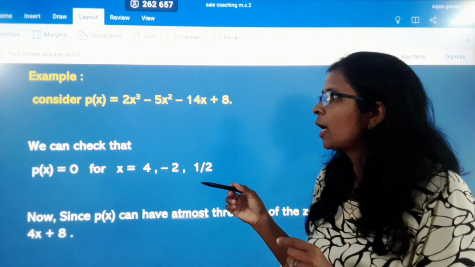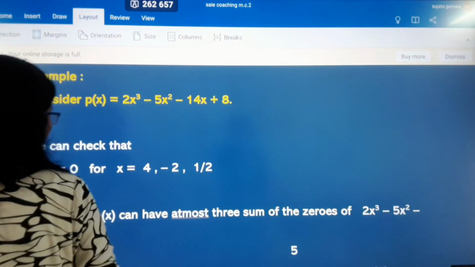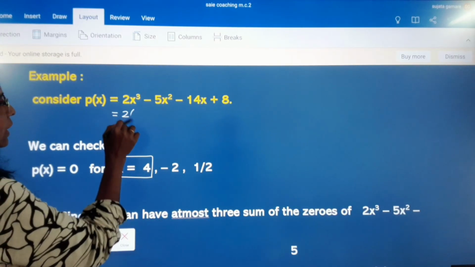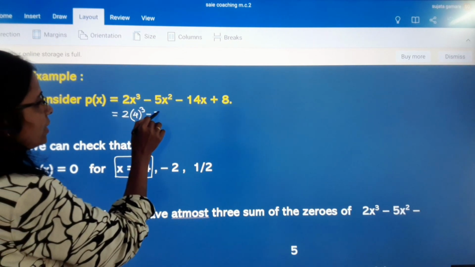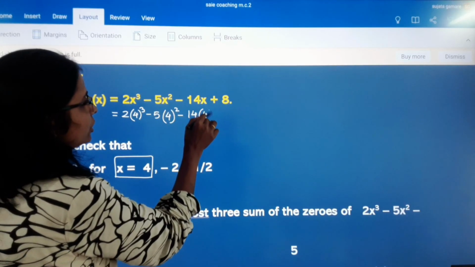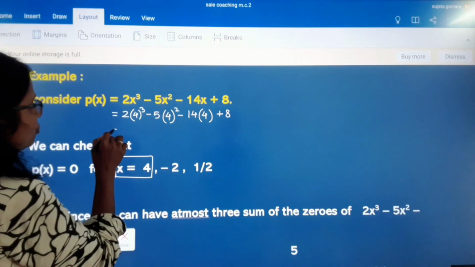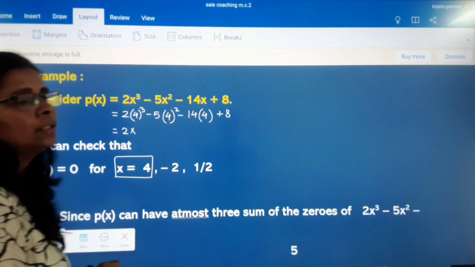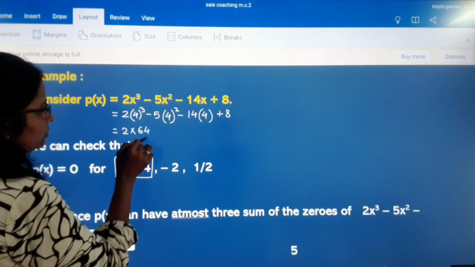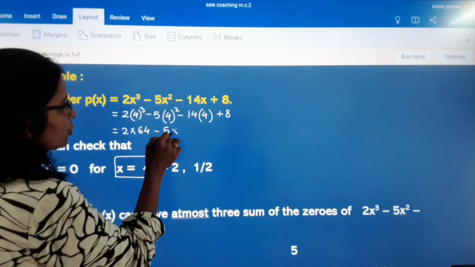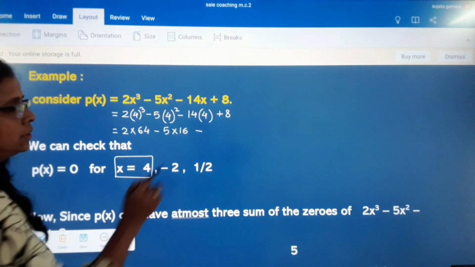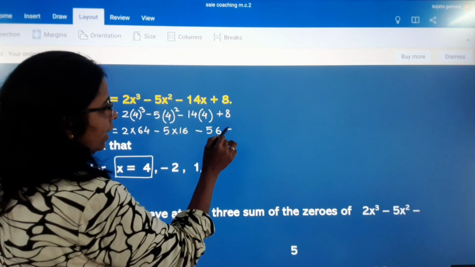Let us check for the value 4. Here, 2 multiplied by the cube of 4 minus 5 multiplied by the square of 4 minus 14 multiplied by 4 plus 8. 2 multiplied by the cube of 4: 4 fours are 16, 16 fours are 64. Then minus 5 multiplied by the square of 4, that is 16, then minus 14 fours are 56, plus 8.